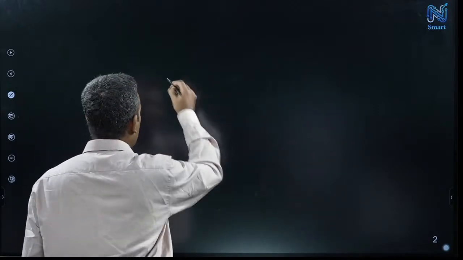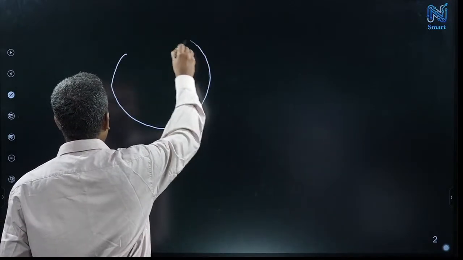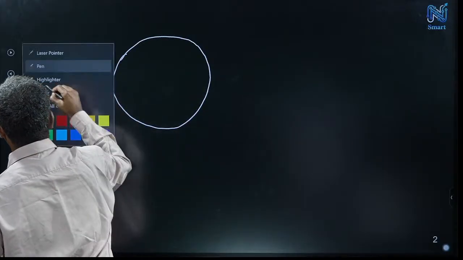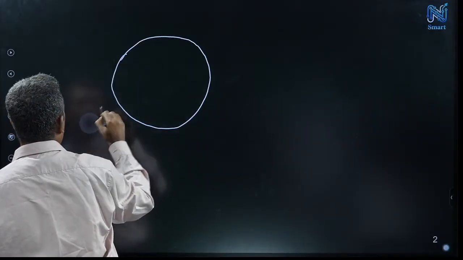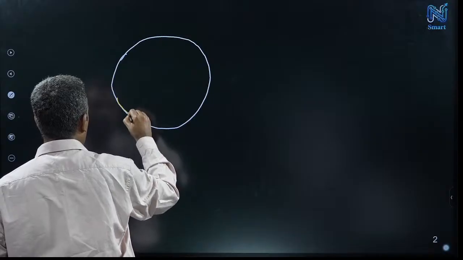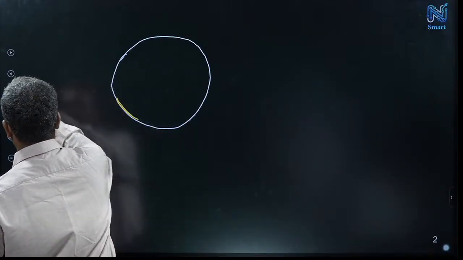Here the arc is the same. Now if I take arcs whose length is the same, but in two different parts, so this is a circle, and you take one arc here and another arc say here.